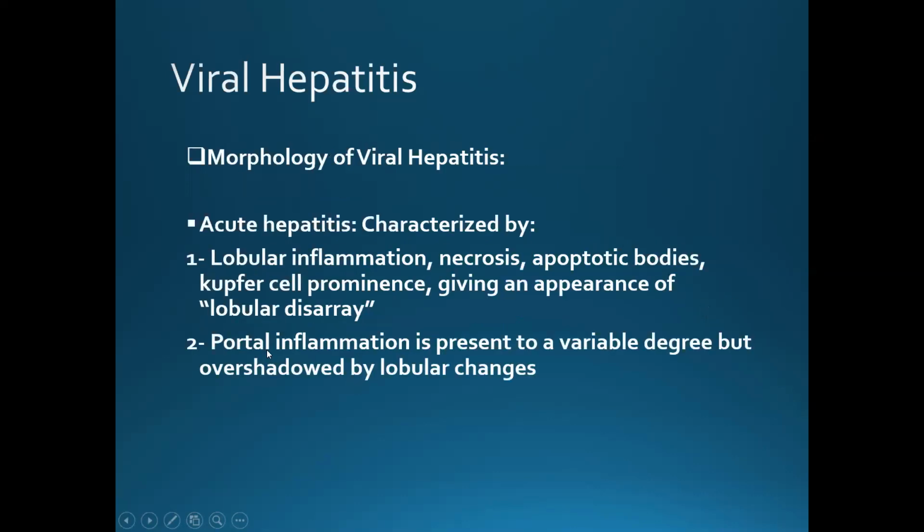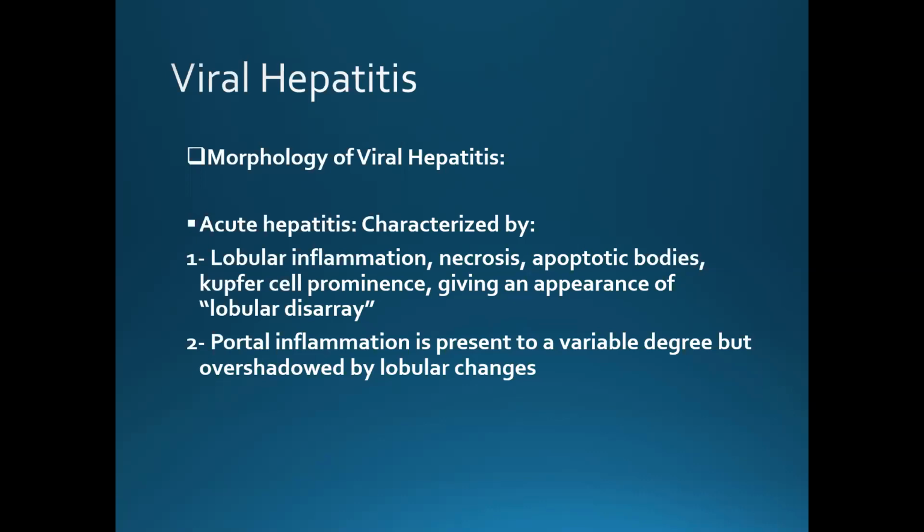Now, morphology of viral hepatitis. For acute hepatitis, the action is in the lobule. So you will see lobular inflammation. You will see what is known as lobular disarray with necrosis of cells. You will see apoptotic bodies that you call the Councilman bodies. You will see Kupffer cell hyperplasia, if you recall from the prior lecture.